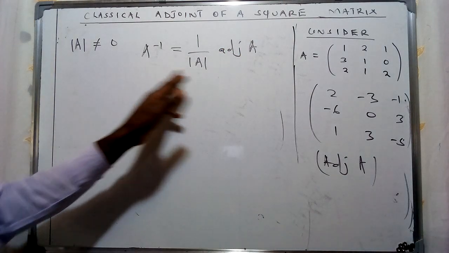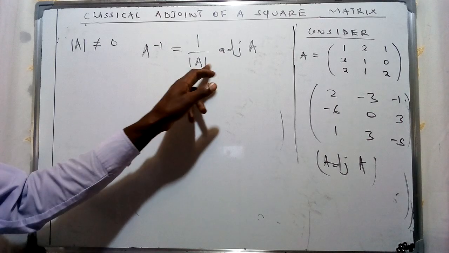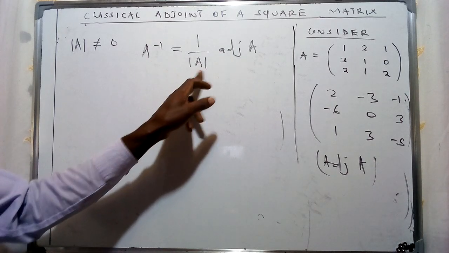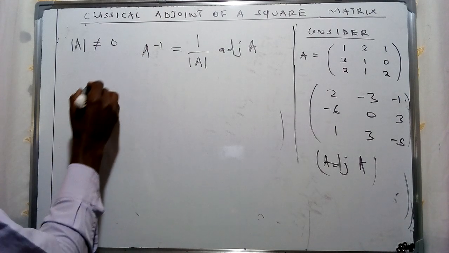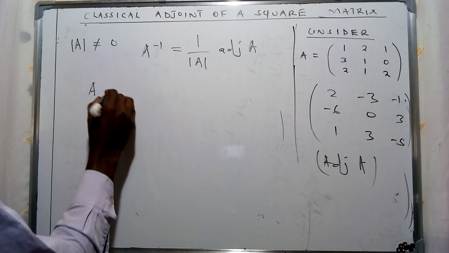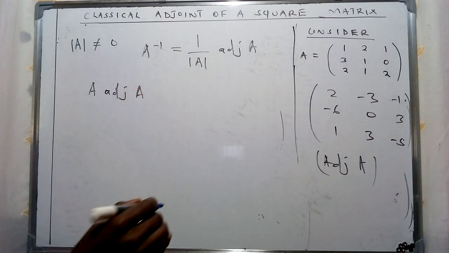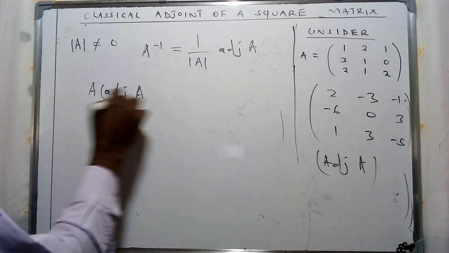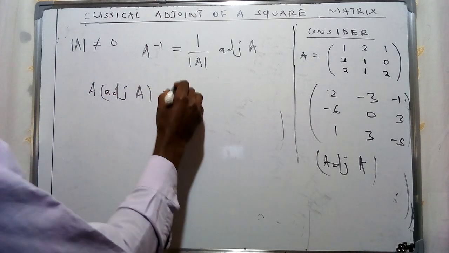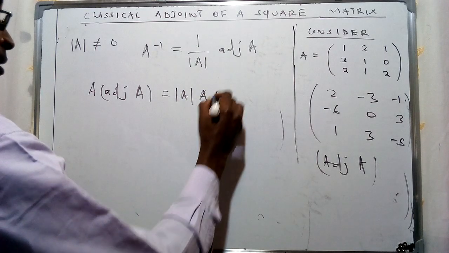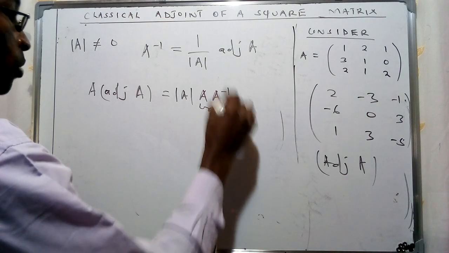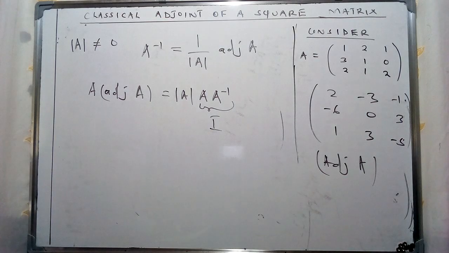So in this case, we can make each of these the subject of the formula: either the inverse, the determinant, or the classical adjoint. We're going to see that we can have a general case of A times the adjoint over the determinant of A, which is going to give us the determinant of A times A times the inverse of A, where the two, as I said, form what we refer to as identity.